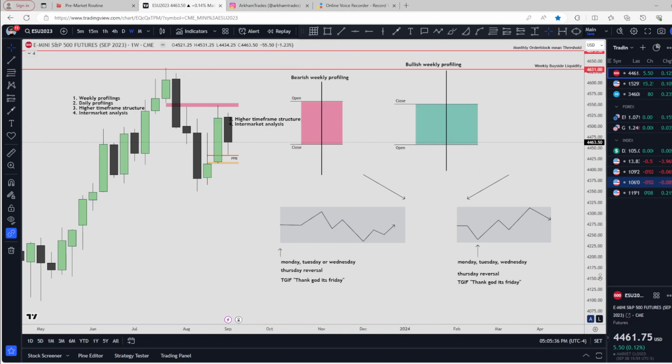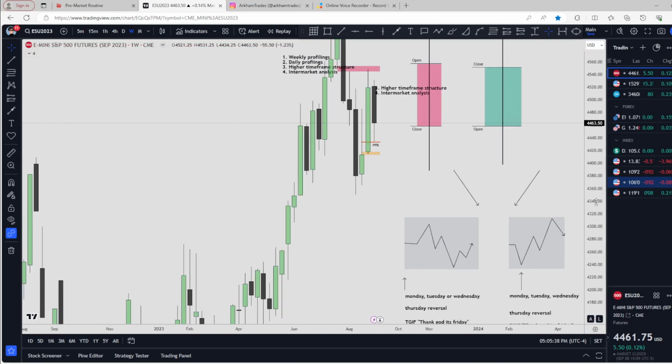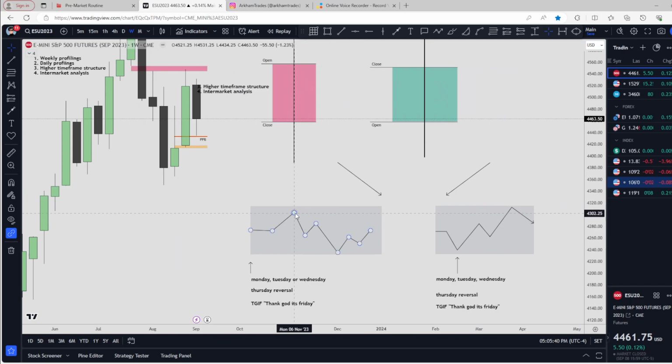So when we're bearish for the week, this is how a classic sell week would look. It comes up, creates a high, drops lower, comes back, makes a slight retracement, drops lower, and then this is where we get our Thursday reversals, and thank God it's Friday.